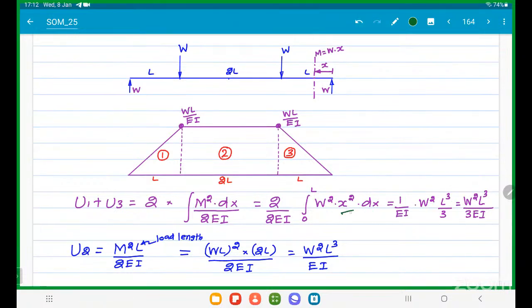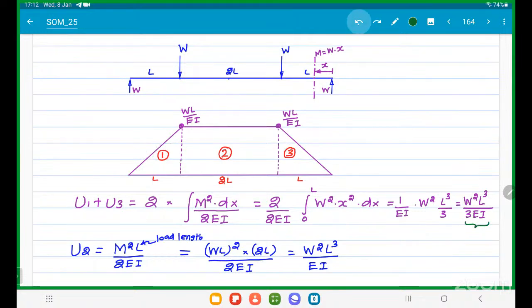If you integrate this, what I will get? x cube by 3. Integration limits 0 to L. After substituting 0 to L, I will get L cube by 3. So the formula is W square L cube by 3EI. This is the total strain energy due to 1 and 3 only.